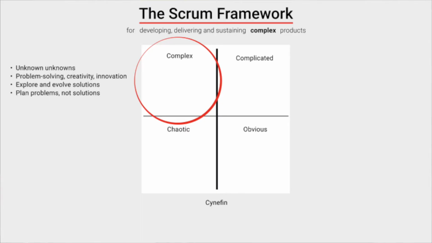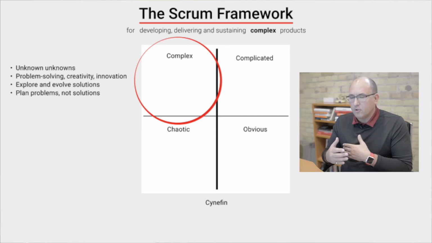On the left side of this diagram with complex and chaotic problems, you have unknown unknowns. You can't simply use analysis up front to figure out a solution. You actually need to do work. You need to actually try and deliver a solution in order to explore the problem space. In complex problems, there's problem solving, there's creativity needed, there's innovation. You explore and evolve solutions, and it's very organic.